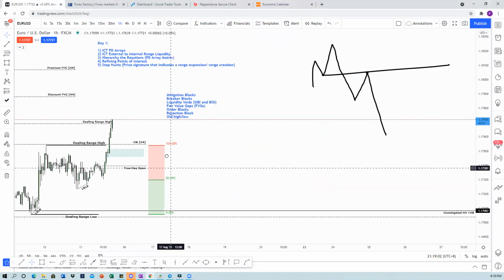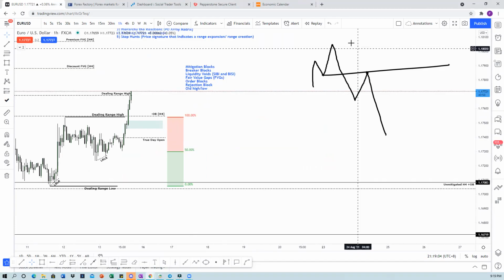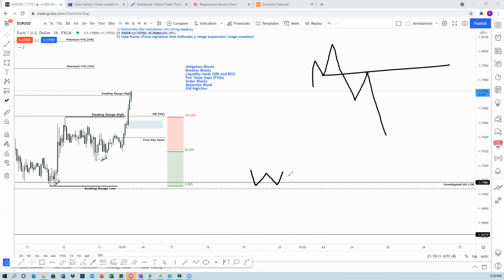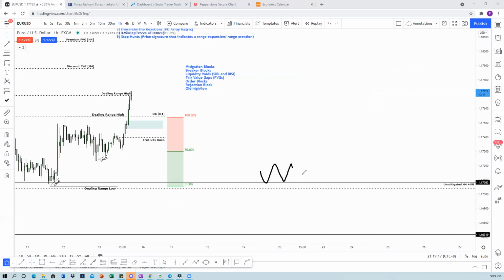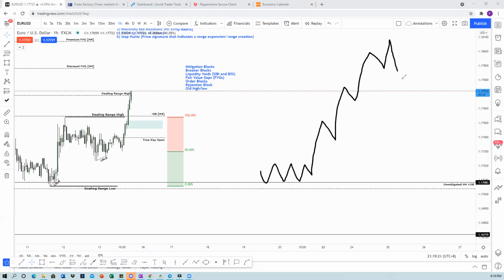Now looking at a bearish breaker, if you look at this, here you go: up, up, up, one more time, and now down we go.